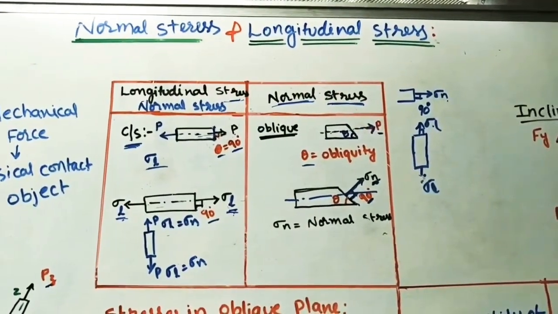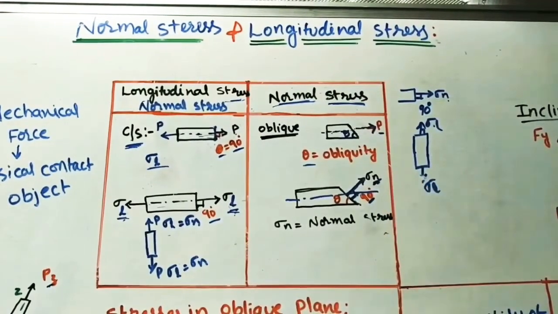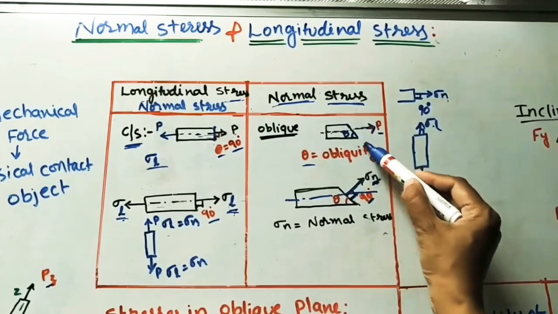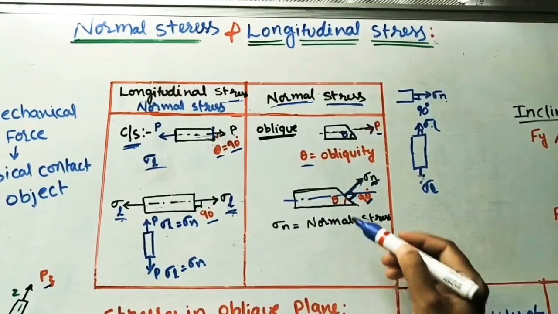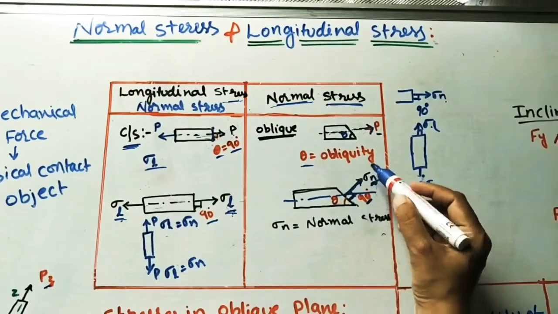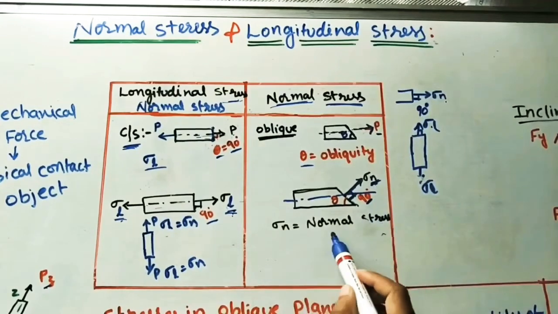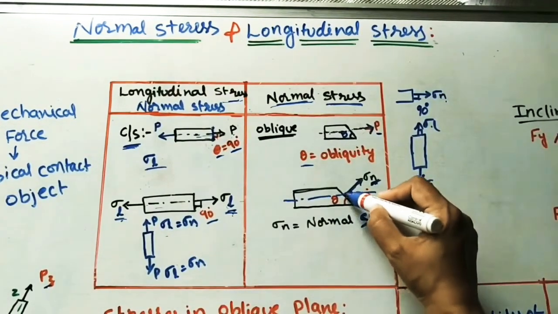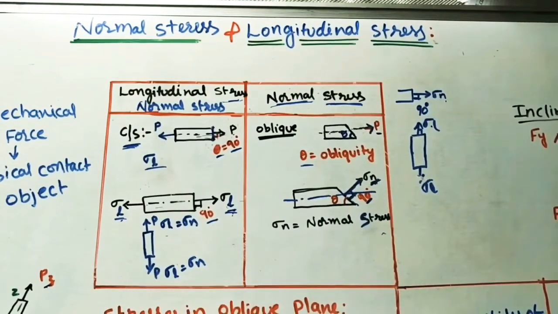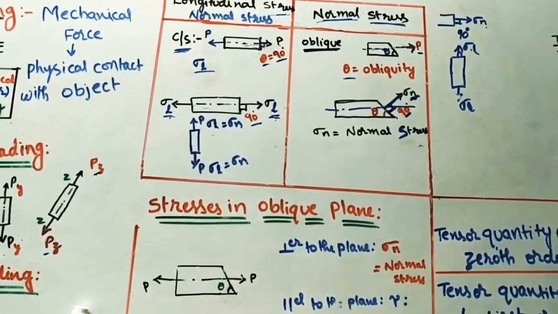Always remember, for any inclined surface, two types of stresses develop. One is perpendicular to the surface, which I just told you is the normal stress, with symbol sigma n. The other stress develops parallel to the surface. Here I have written the stresses in an oblique plane.